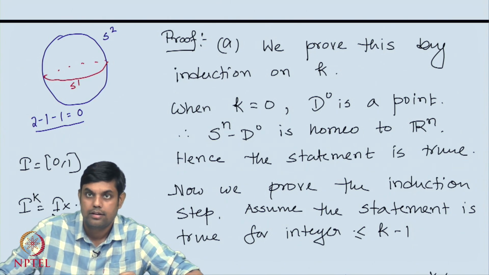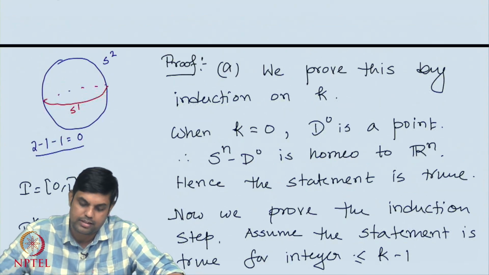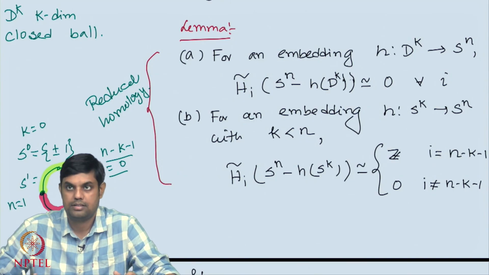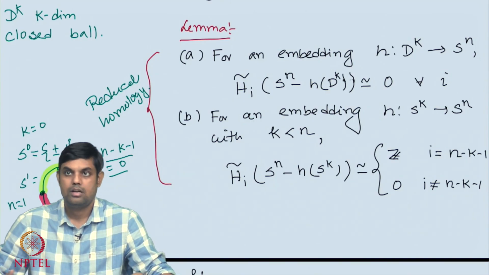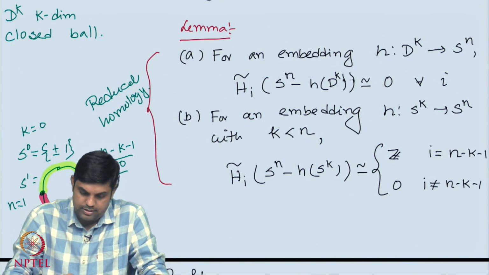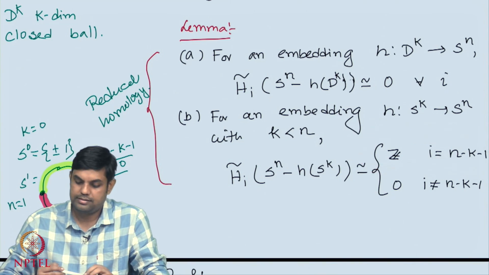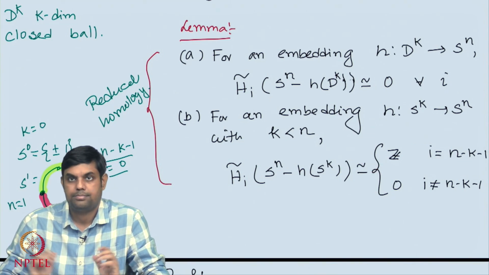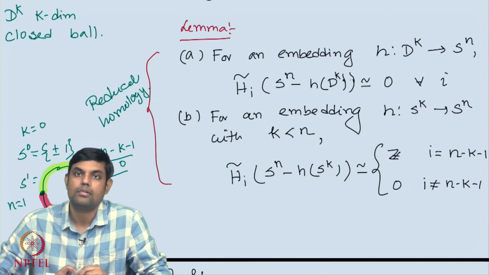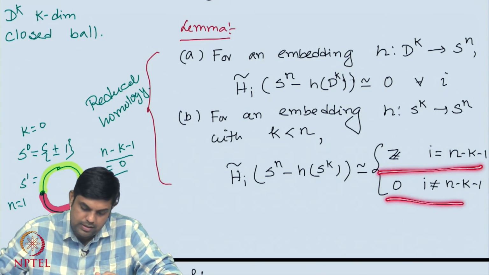Similarly, you can check that whenever I have a small dimensional sphere inside a bigger dimensional sphere, only in this degree I am going to get Z, everything else is 0.